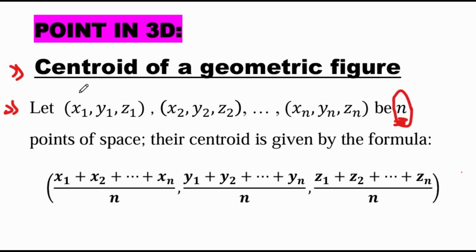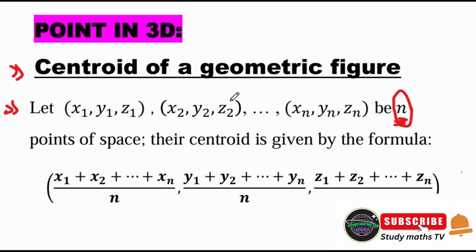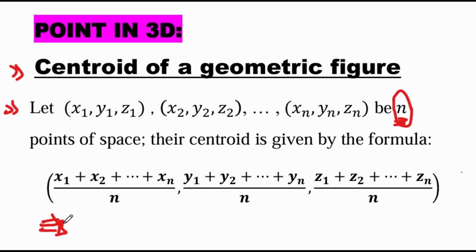After getting the value of n, we identify x1, y1, and z1, up to xn, yn, and zn. After getting these values, you replace in this formula and you get the solution.